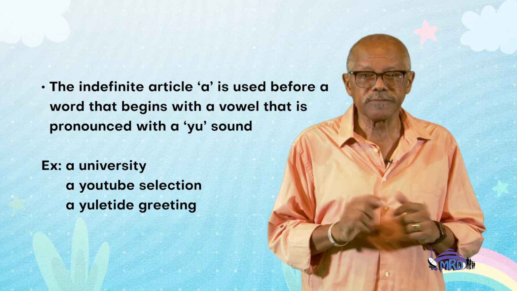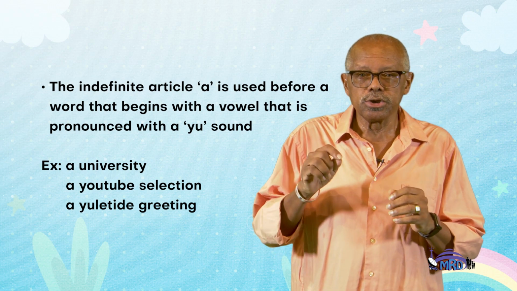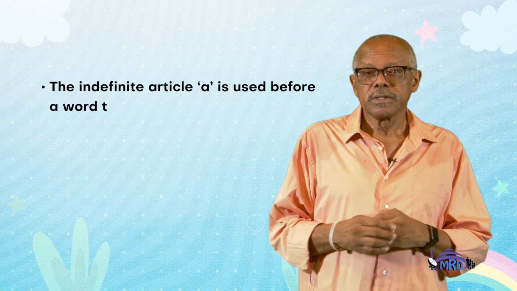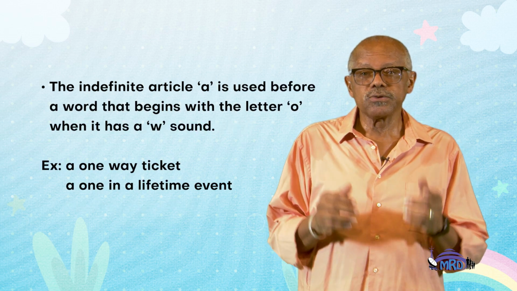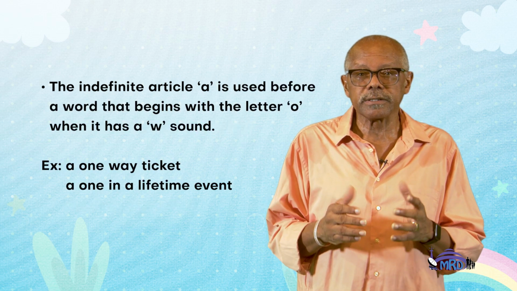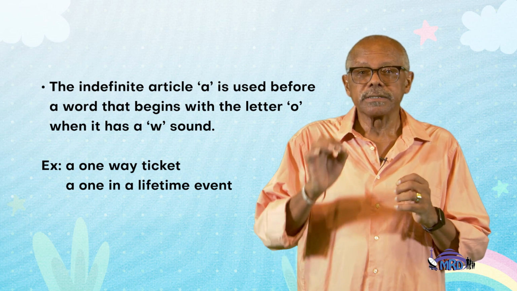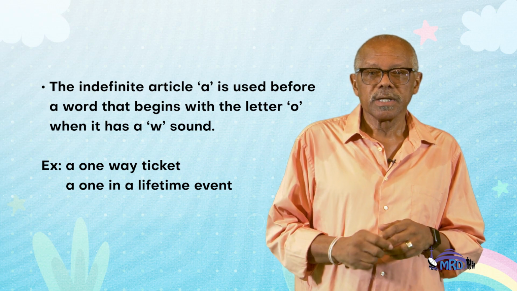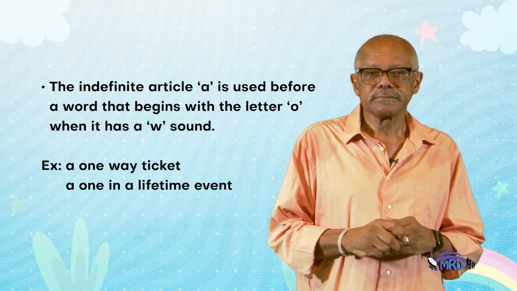Example, a university, a YouTube selection, a Yuletide greeting. The indefinite article a is used before a word that begins with the letter O when it has a W sound. Exception, a one-way ticket, a one-in-a-lifetime event.